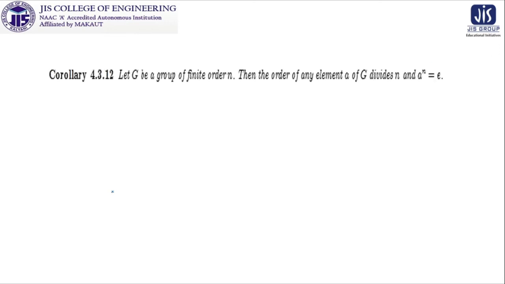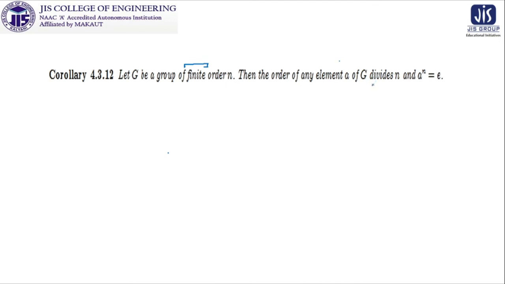Now, in the next part, we have another corollary: if G is a group of finite order n, then the order of any element A of G divides n, and A to the power n is equal to E. That means if you have a finite group of order n, then the order of every element present in that group will also divide the order of the group.